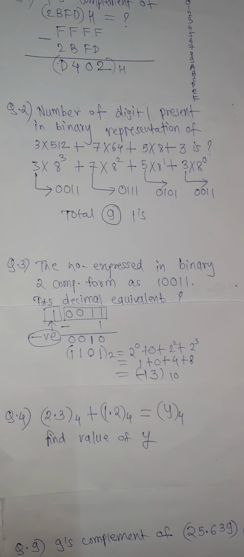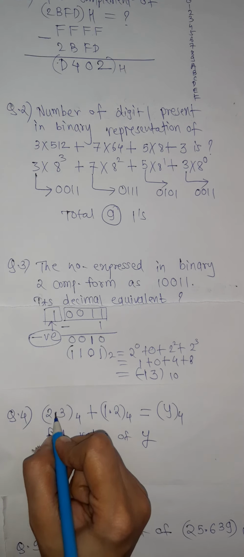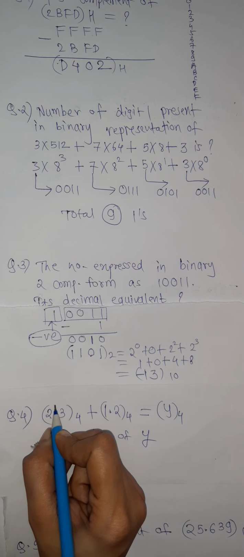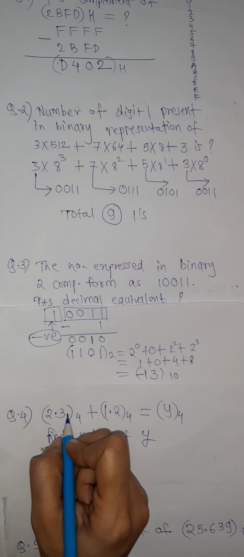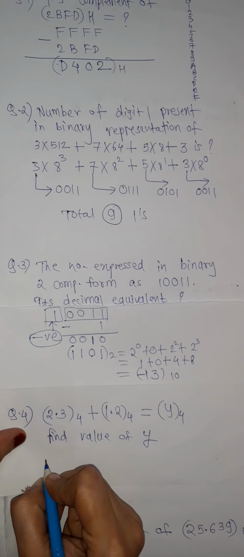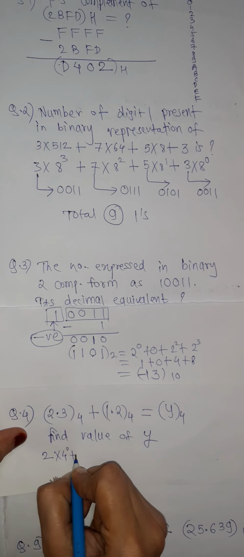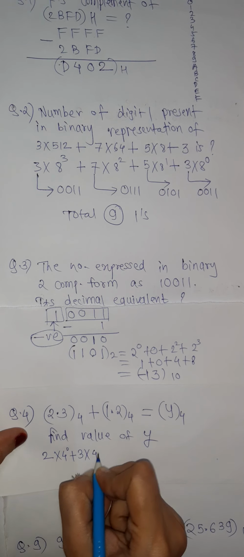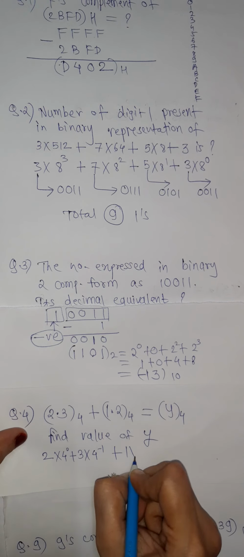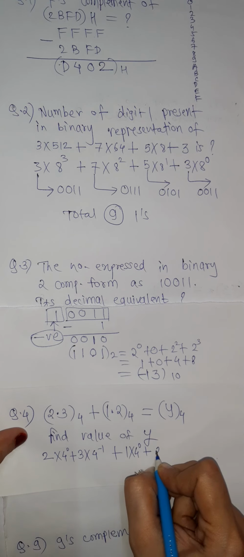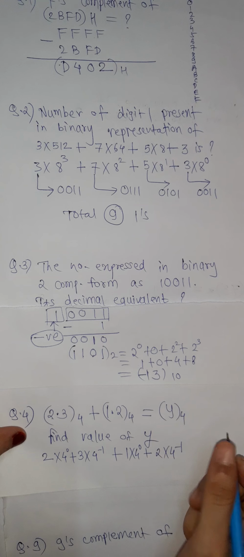Here 2.3 I can write as 2 into 4 raised to 0 plus 3 into 4 raised to minus 1, plus 1 into 4 raised to 0 plus 2 into 4 raised to minus 1.